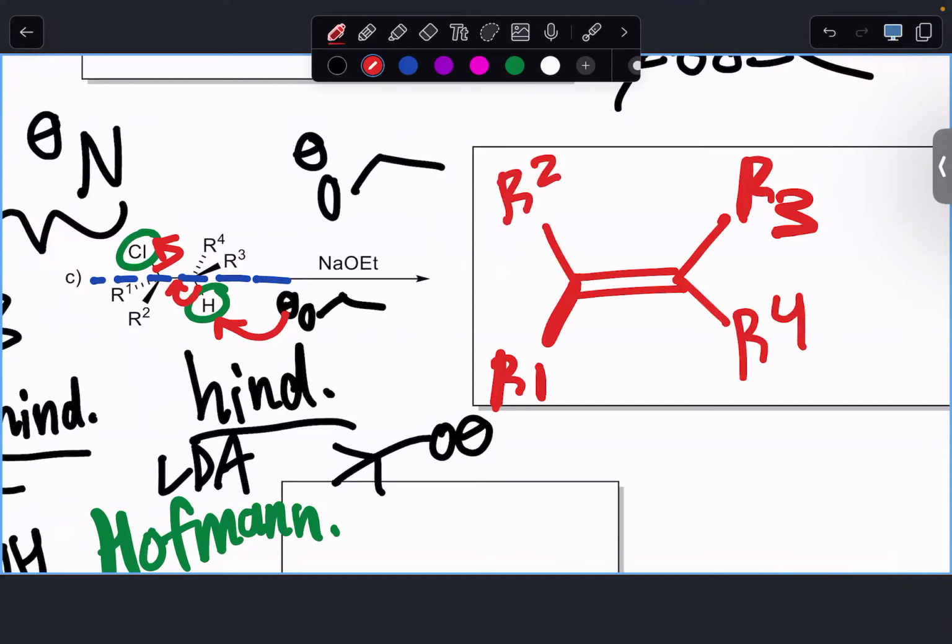Another way you can think about it is that you see R1 and R4 are cis to each other. They're on the same side. R2 and R3 are also cis to each other. You could have also flipped this as well. Like you could put R1 up here, R2 down here, but that means that you'll also have to flip that as well. If you only flip one of them, then that would be wrong because they have the wrong stereochemistry.